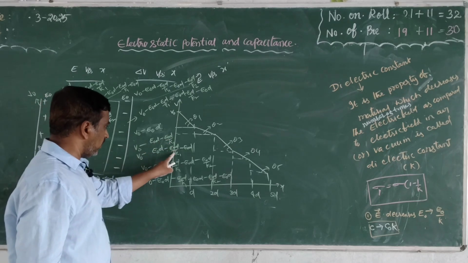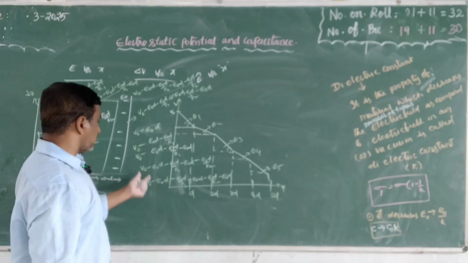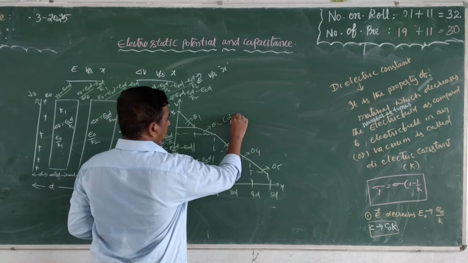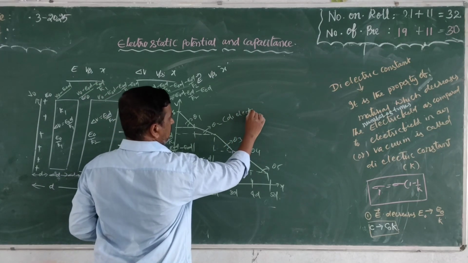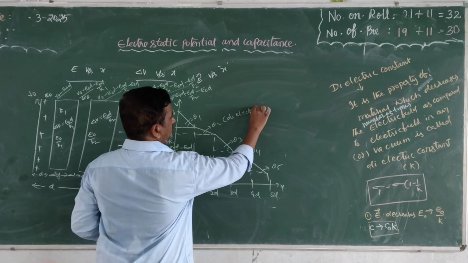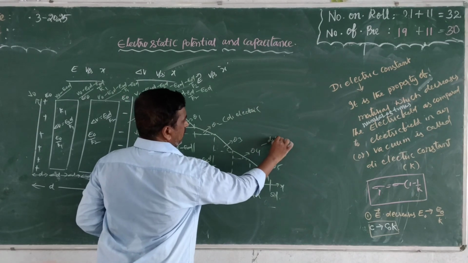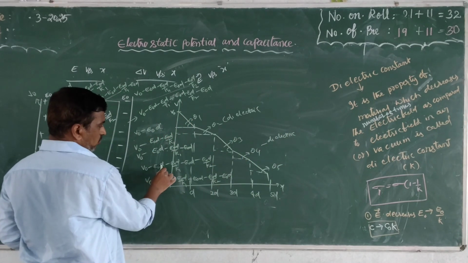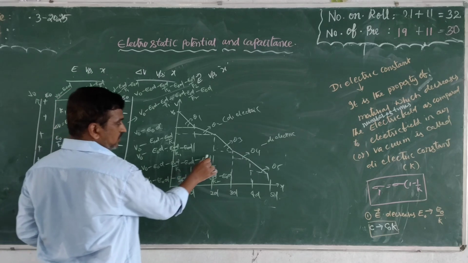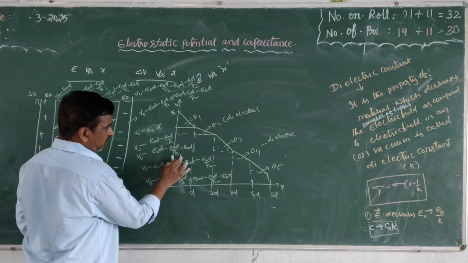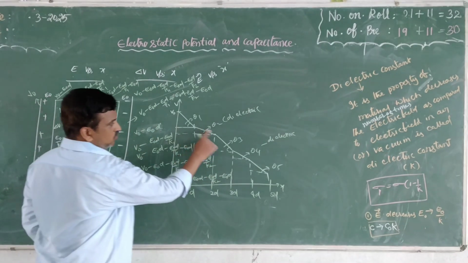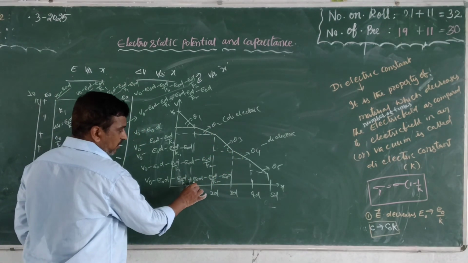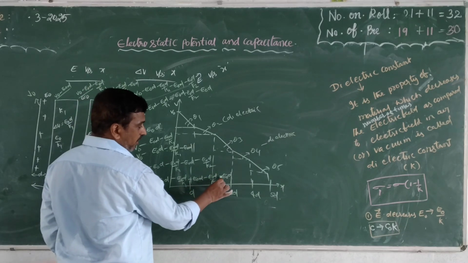Again the dielectric is there, theta 4 and theta 2 are dielectrics. So V naught minus E naught d minus E naught d by k1 minus E naught d minus E naught d by k2. If k1 and k2 are both k, then those two angles are the same; I will write that later.